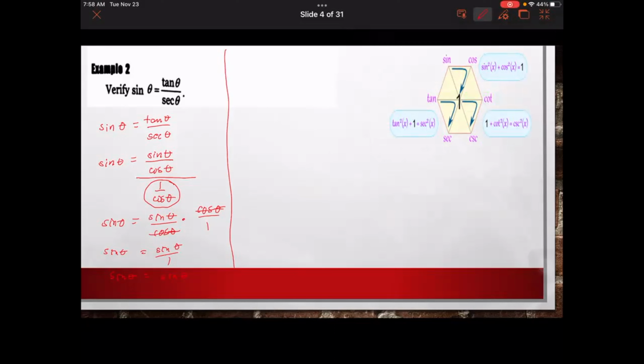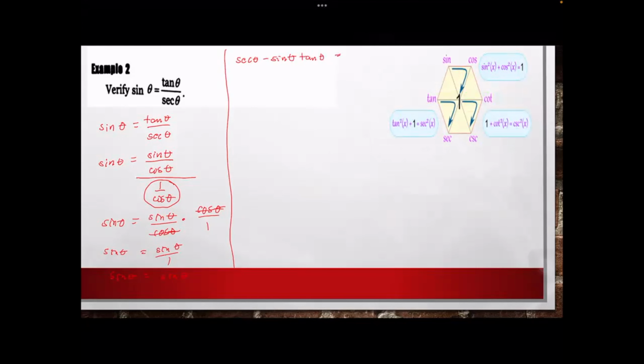So, ang next given ay secant theta minus sine theta tan theta is equal to cosine theta. So, we need to prove that the secant theta minus sine theta tan theta is equal to cosine theta.